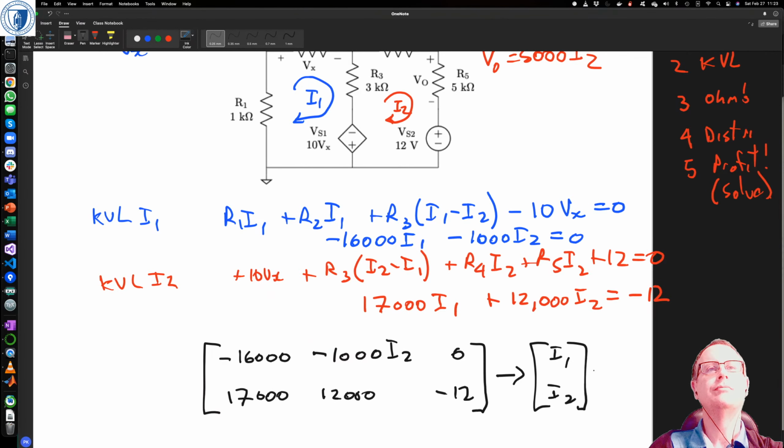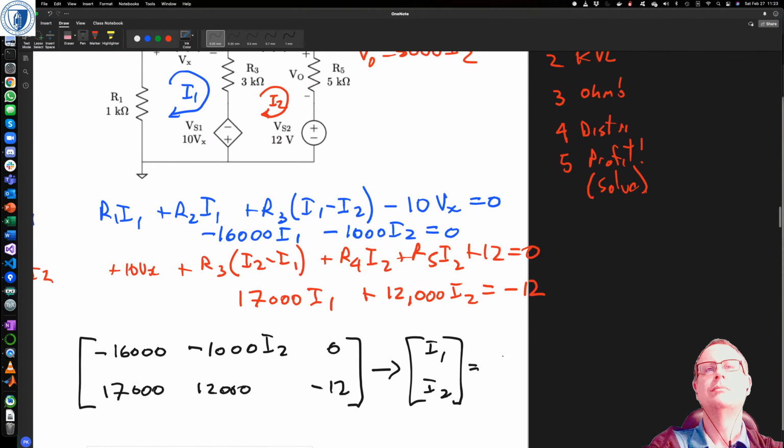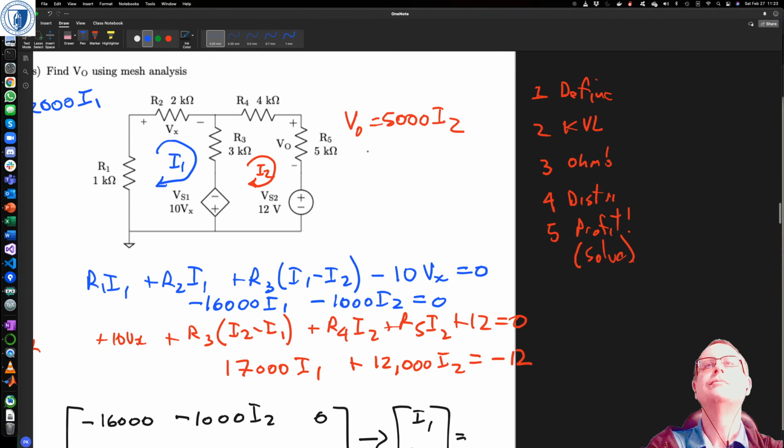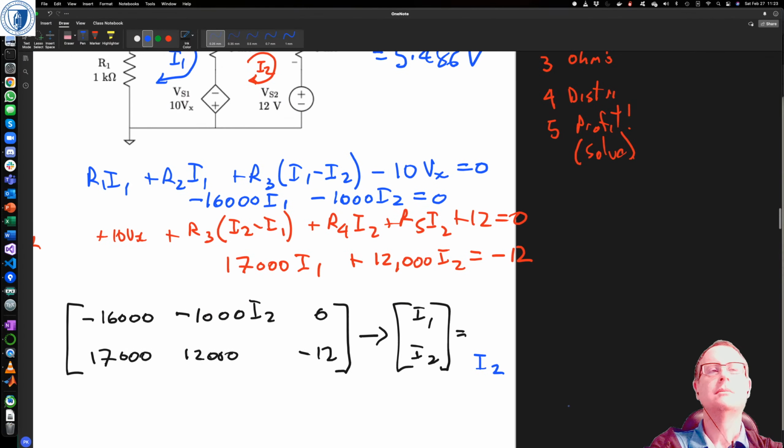All I found was I2 and VO because that's really all we needed for the answer. For VO I got 5.486 volts. And I2 I think was negative 0.001097 amps.